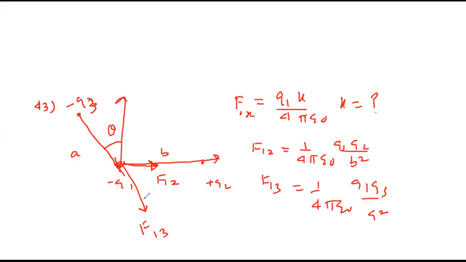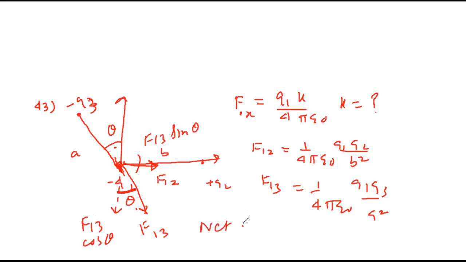So to get the X component, I have to resolve this F13. If this angle is theta, what about this angle? Theta only, alternate angle or vertically opposite angle. So F13 will become F13 cos theta downward and F13 sin theta along the x-axis.